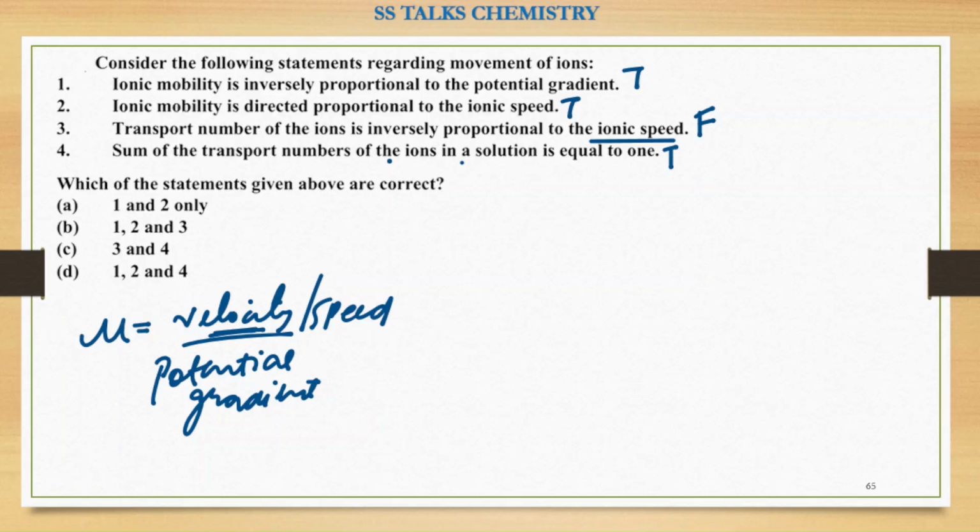This statement is true because transport numbers are fractions of the charge, and the sum over all the ions is always equal to unity. For example, in a sodium chloride solution, the transport number of the sodium ion plus the transport number of the chloride ion is equal to unity. So the first, second and fourth are the correct statements, given in option B. So this is the correct answer.